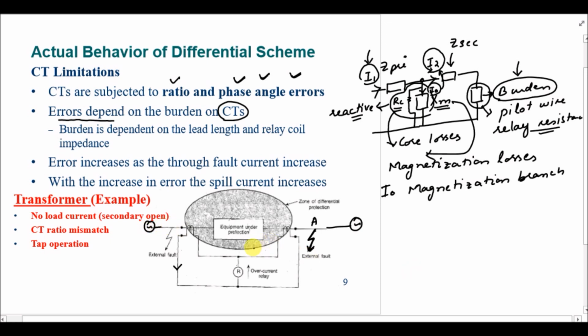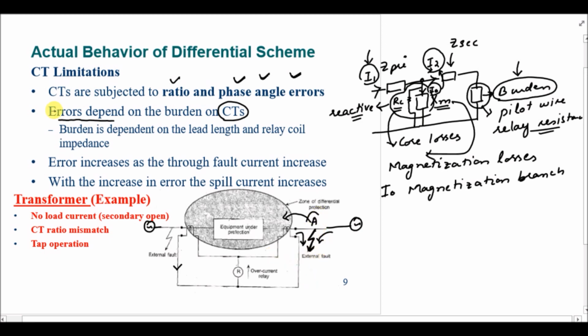So there is current fed from two different sides, one from this side, the other from this side. Or you can take any other example in which we have a large external fault current flowing at point A, but it is outside the zone of the protection scheme, so the relay should not operate, or the differential protection scheme should not work in the case of fault A.